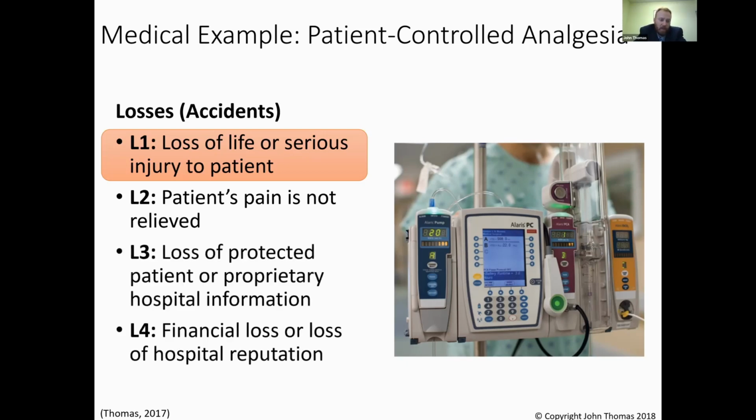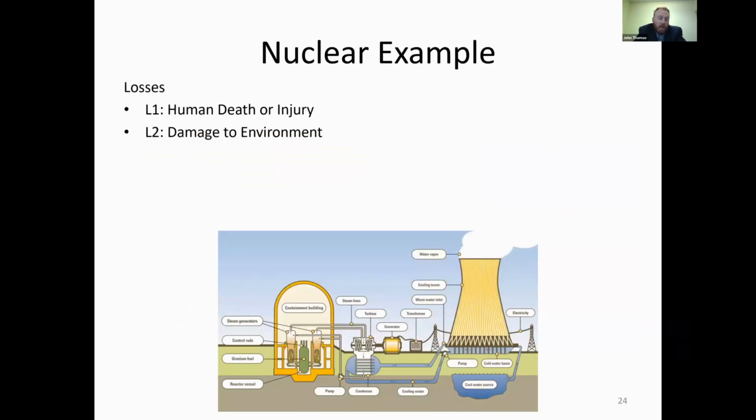We can go broader and look at loss of protected patient information, getting a little bit into the security world. We can look at loss of reputation if you want. You can be as broad as you like. This is up to the stakeholders. In a nuclear example, we might look at human death or injury, of course, damage to the environment, but we might go broader. What about loss of generation? Even if we don't kill anybody and we don't damage the environment, if we're not producing electricity and making money, we care.